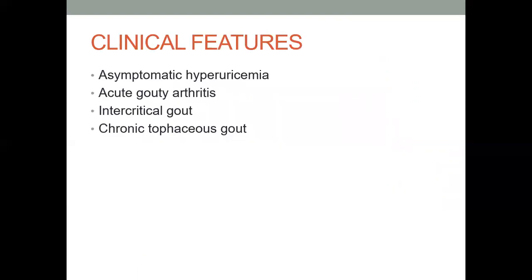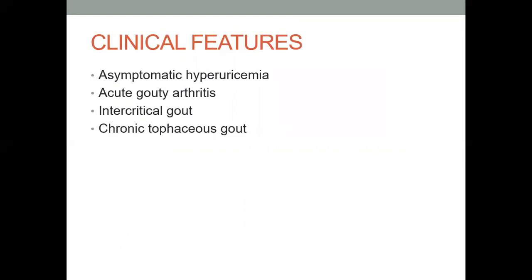So, clinical features of gout: patients may be asymptomatic. There may be hyperuricemia when uric acid is measured in the serum. They may present with acute gouty arthritis, sometimes an asymptomatic intercritical period, and then chronic tophaceous gout.